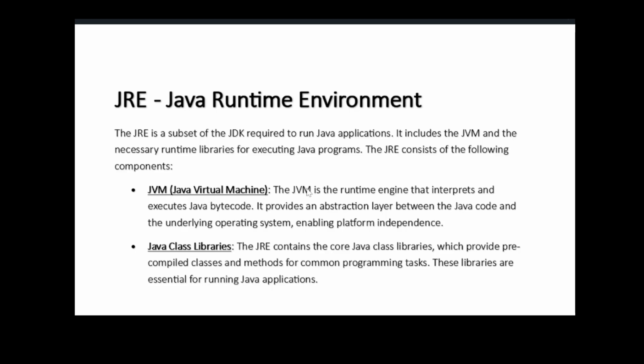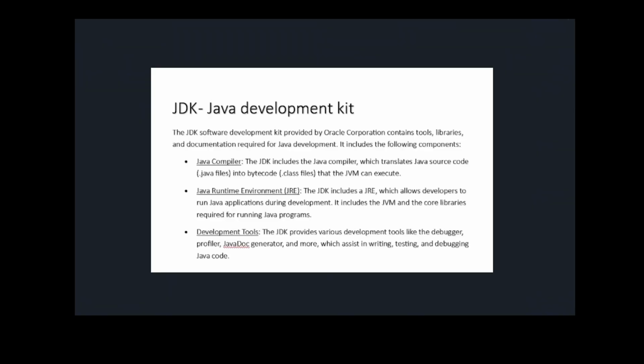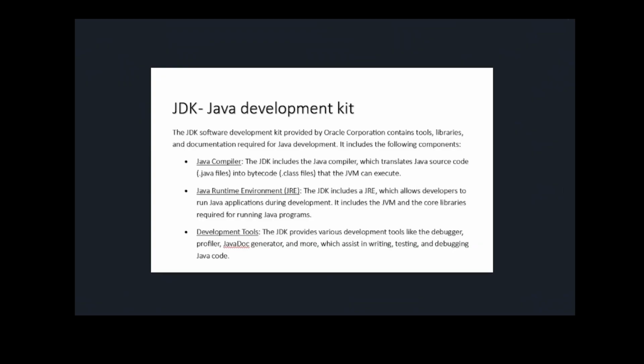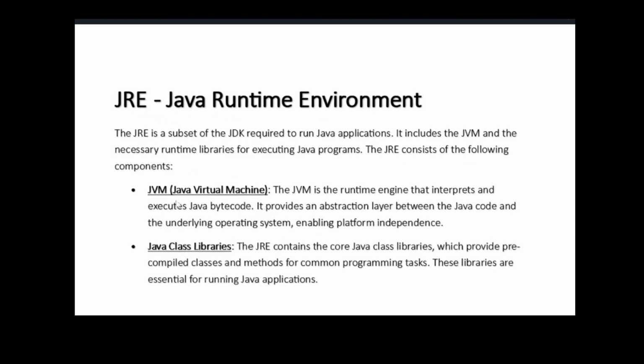But what is the JVM? The JVM, the Java Virtual Machine, is the engine that interprets and executes Java bytecode. As we discussed, after the Java compiler runs, our .java files are converted into .class bytecode files. The JVM executes the Java bytecode.